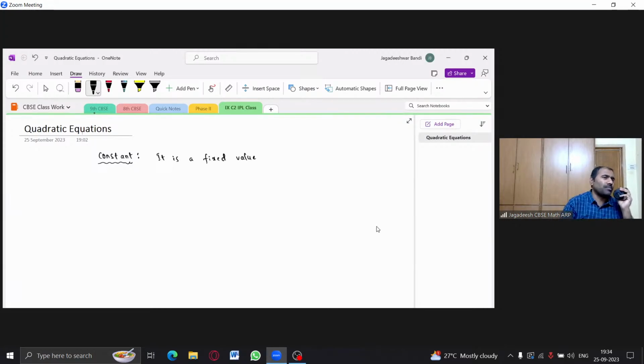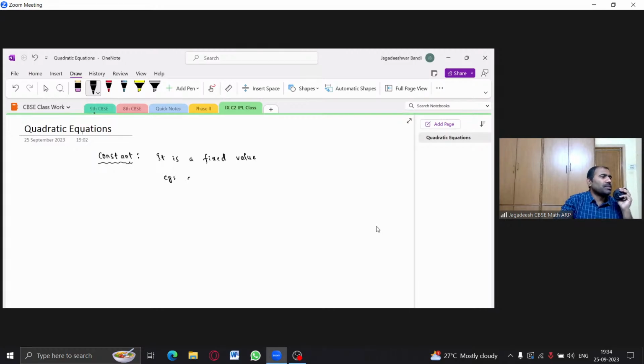In every problem or in every chapter, it remains 3 only. Maybe minus 1 by 3, maybe 0. Whether you take natural numbers, whole numbers, fractions, decimals, rational, or irrational, whichever number you take, it remains as it is. Those numbers are called constants.